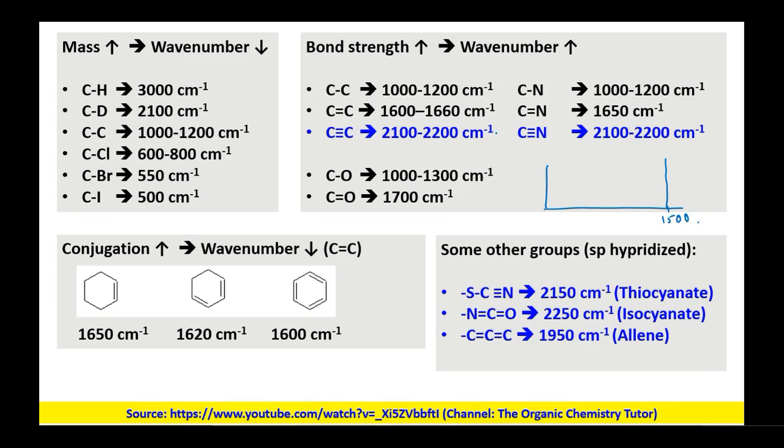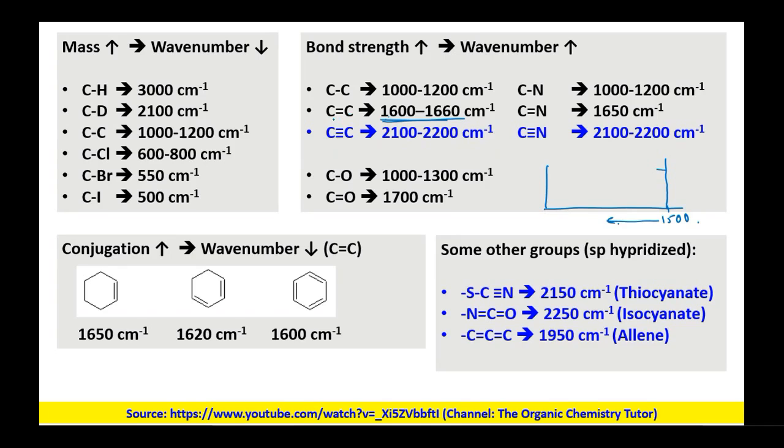Now what is happening? As soon as you are coming from 1500 and going towards 4000 centimeter inverse, just after you initiate, there will be a peak at around 1600 to 1660.